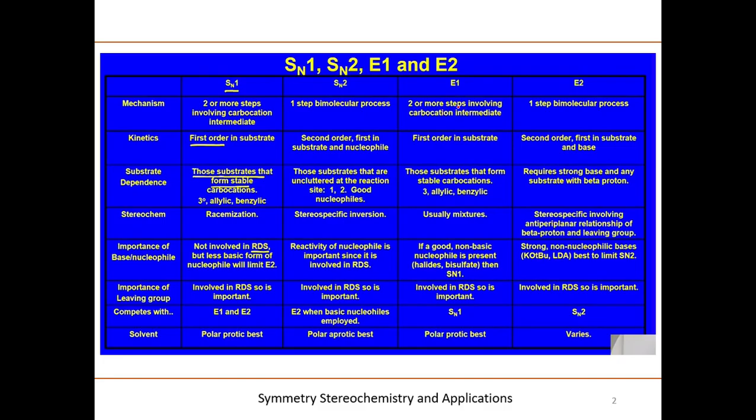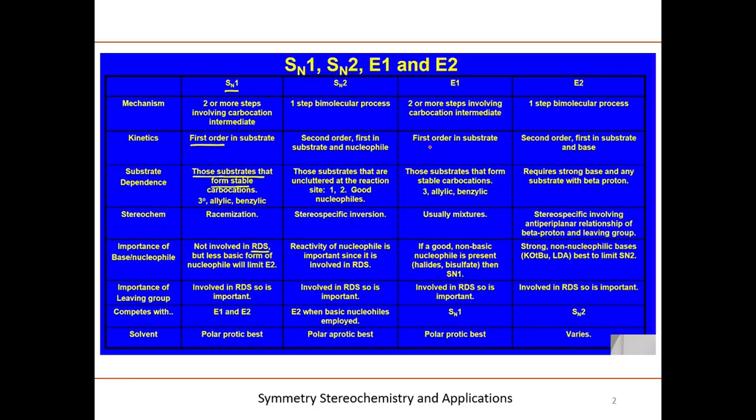So here we have E1 elimination. The E1 mechanism is based on two or more steps involving a carbocation intermediate, same as the SN1 mechanism. In SN1 also we have two or more steps involving carbocation intermediate, same in case of E1 also. Now E1 and SN1 mostly have a similarity.